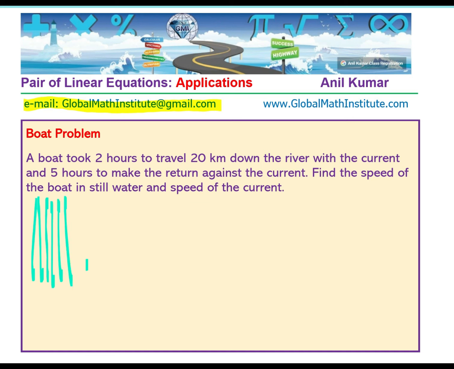We are given that the boat took 2 hours to travel 20 kilometers, so this total distance is 20 kilometers. Going down, it took 2 hours. However, on the return, it took 5 hours.